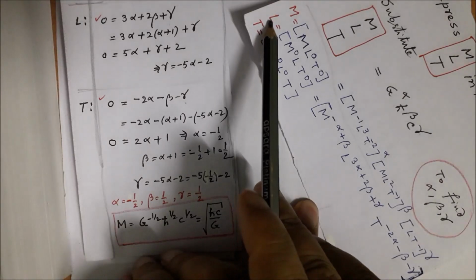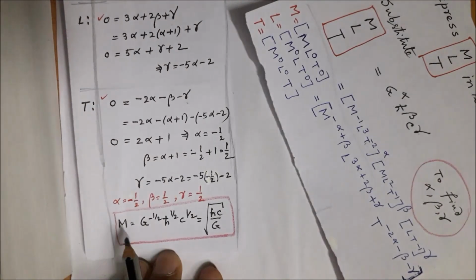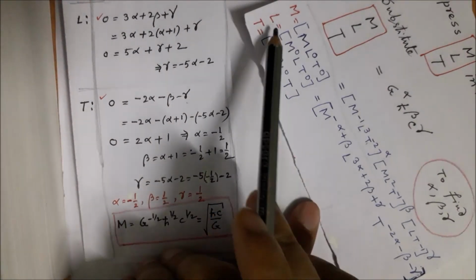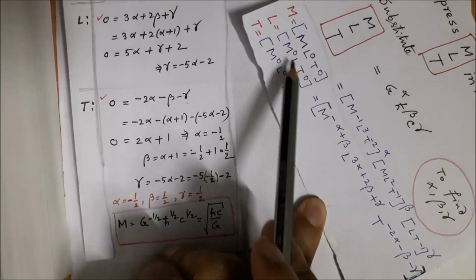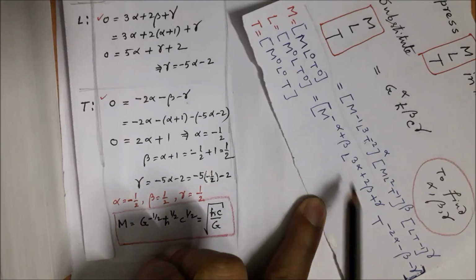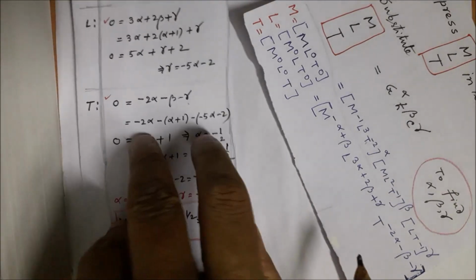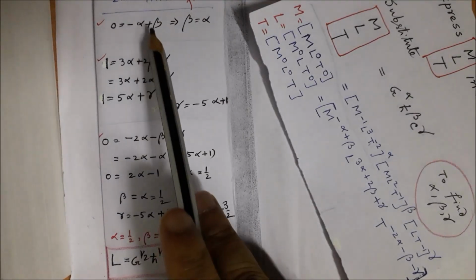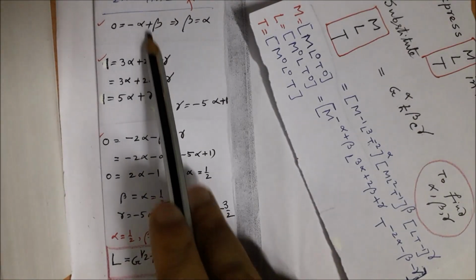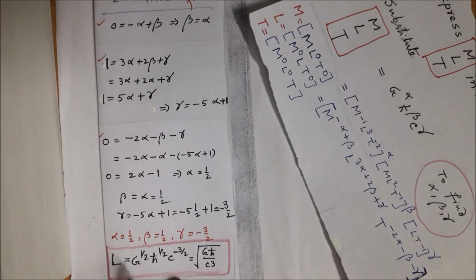Similarly, to find the value of L, here we have found the value of m. To find the value of L, we have to equate the second factor with this right hand side, and in a similar fashion we end up with three equations, 1, 2 and 3, and therefore that gives us L equal to under root G h cross by c cubed.